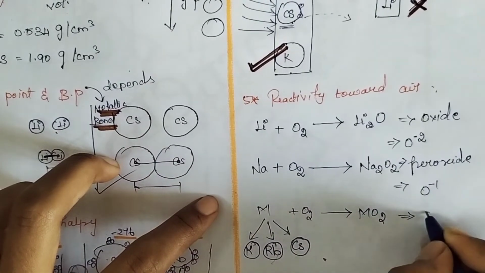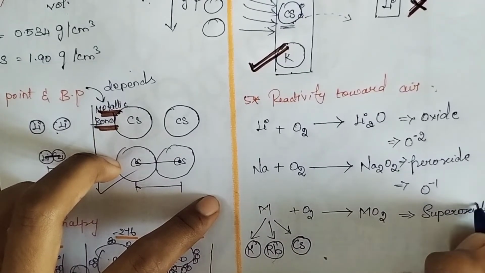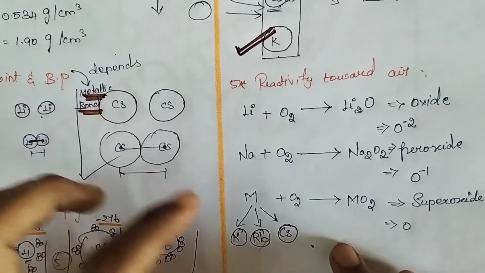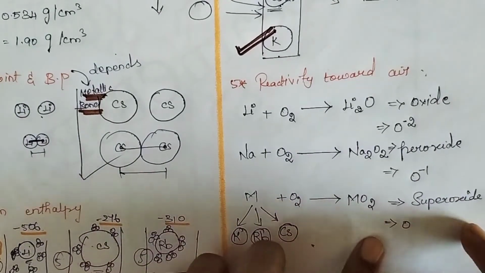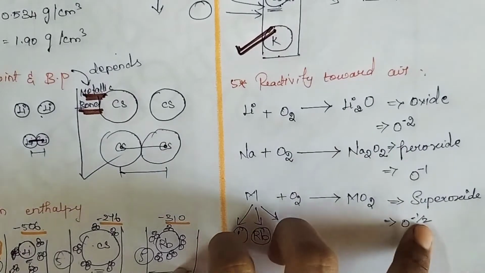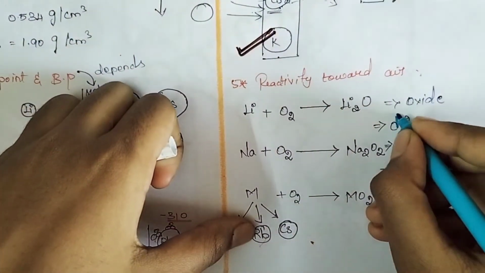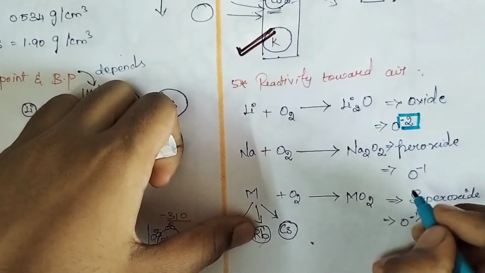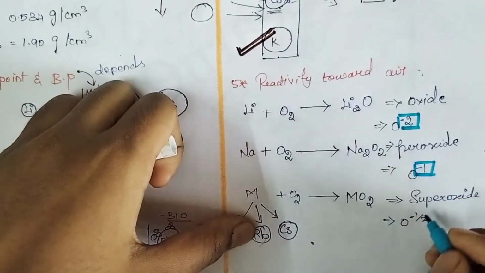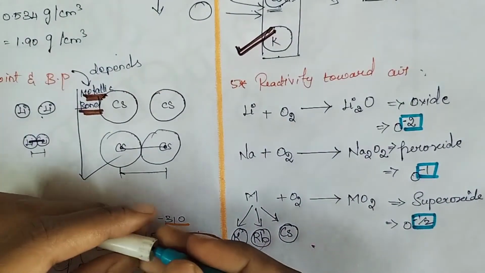This is superoxide. The oxidation state is O minus half. So I have particularly underlined this, the oxidation states O minus 1, O minus half. So be clear with these oxidation states.